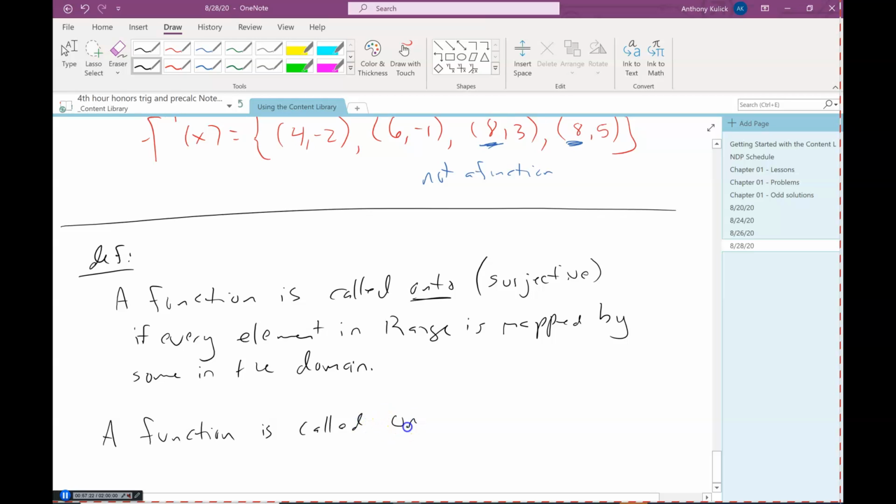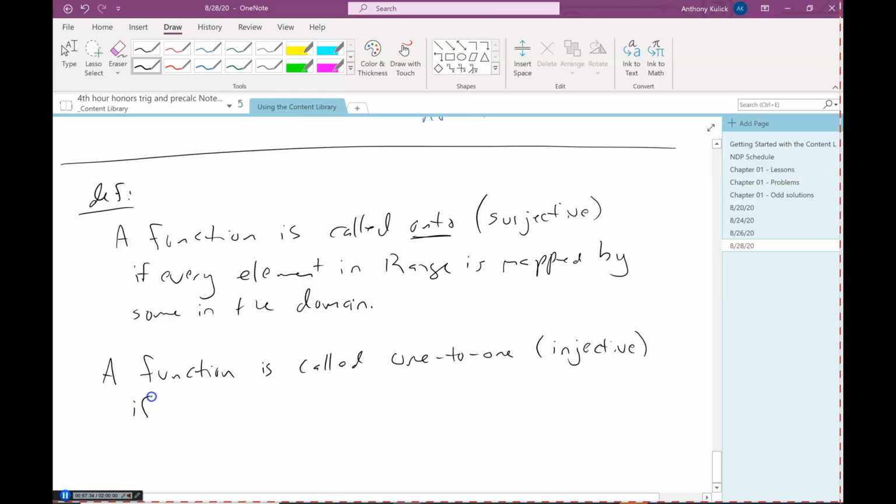A function is called one-to-one or injective. Again, different textbooks call them one-to-one and some call them injective. They're probably done in equal measure. If every element in the domain maps uniquely to distinct elements in the range.